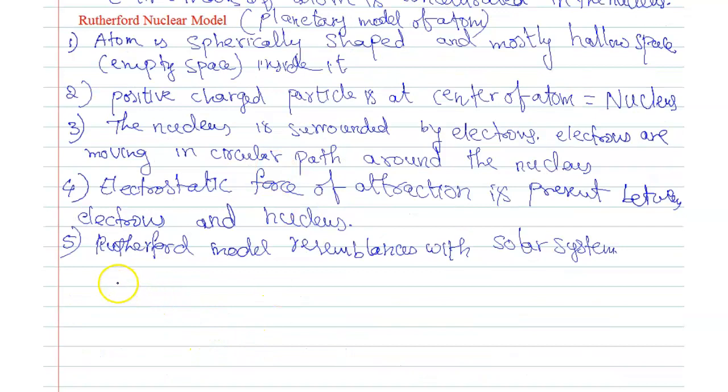Here, actually, radius of atom by radius of nucleus. Normally the radius of an atom is 10 power minus 8. The radius of the nucleus is 10 power minus 13. Then the ratio is 10 power 5.